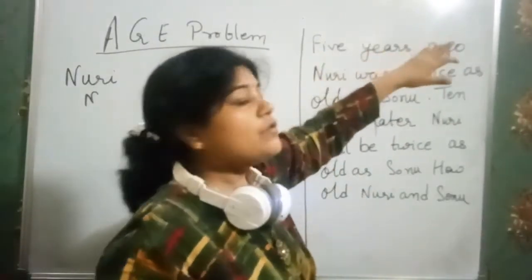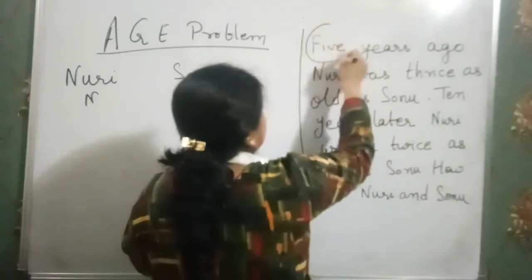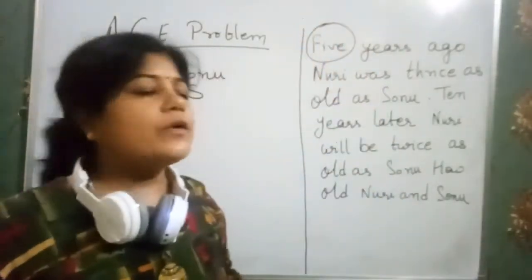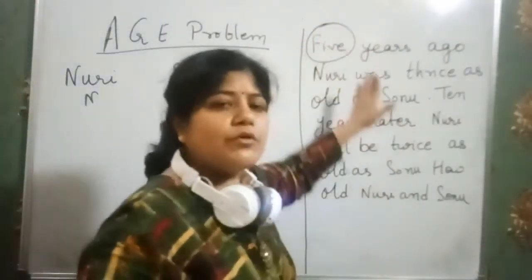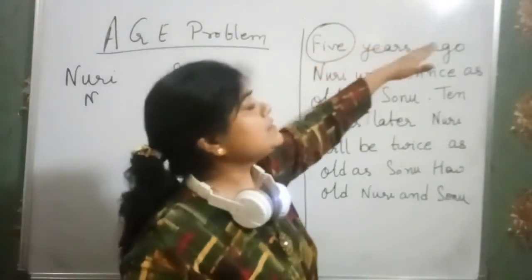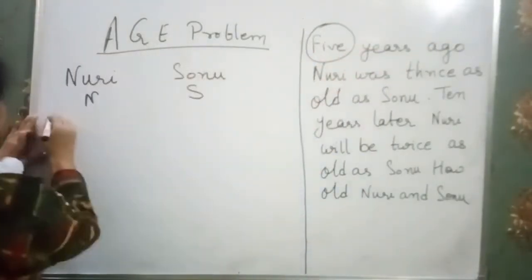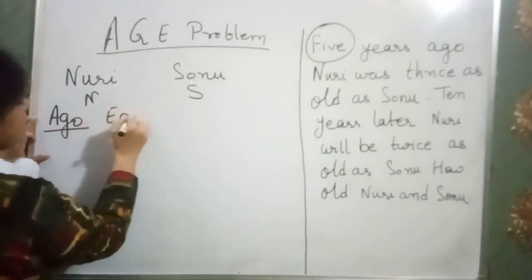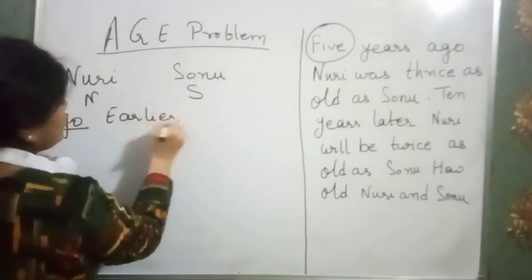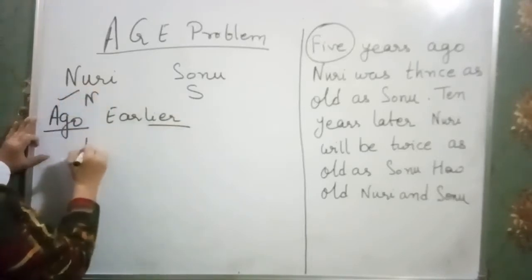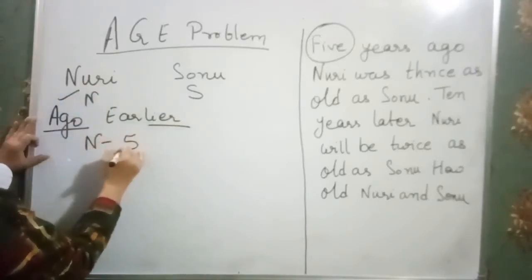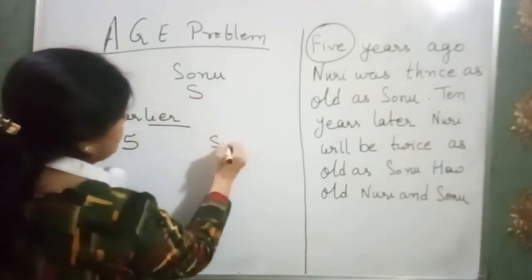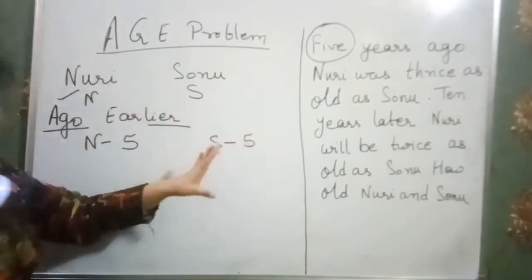So don't go forward. 5 years ago means the earlier age of Noori is N minus 5, and the age of Sonu is S minus 5. Just make it.